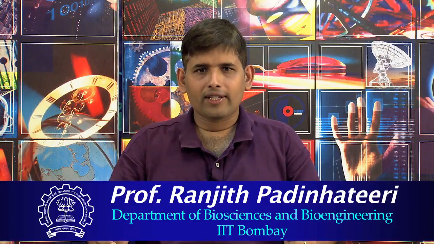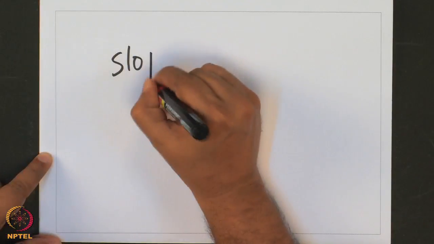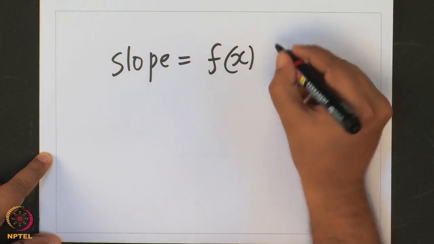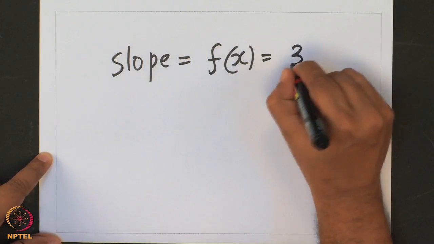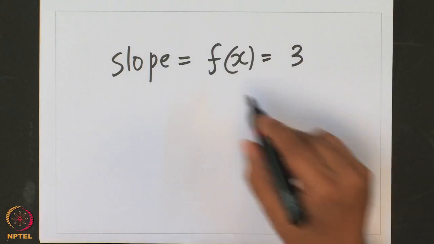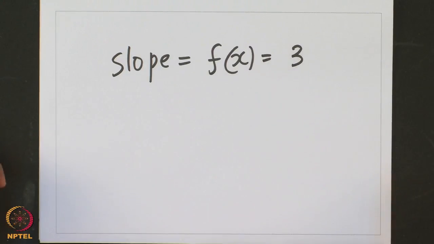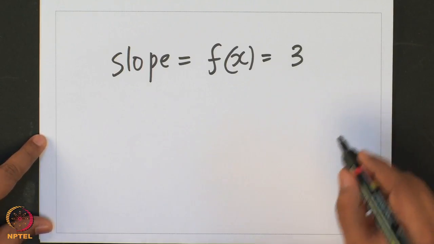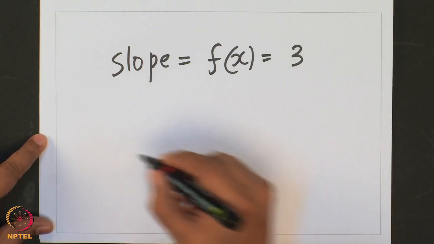What we learned so far is we have some function which is the slope itself. We called it m. We could also say the slope itself is a function. So if the slope is 3, which is not a function of x, but the slope is 3, so my function is a constant which is 3.